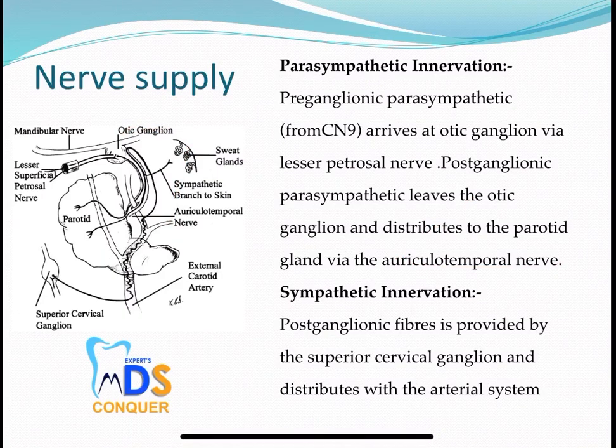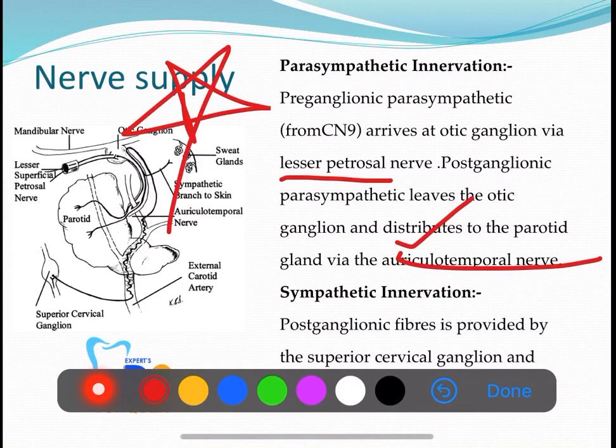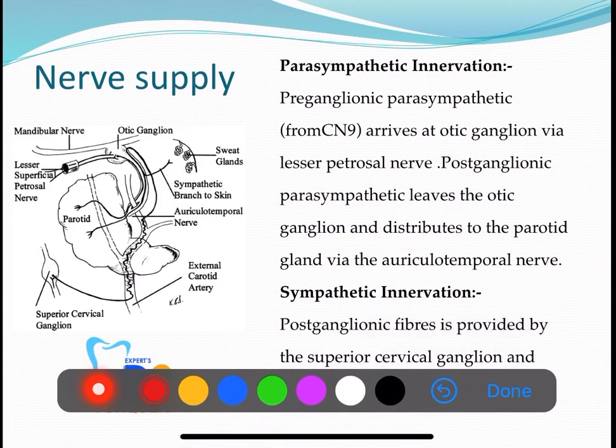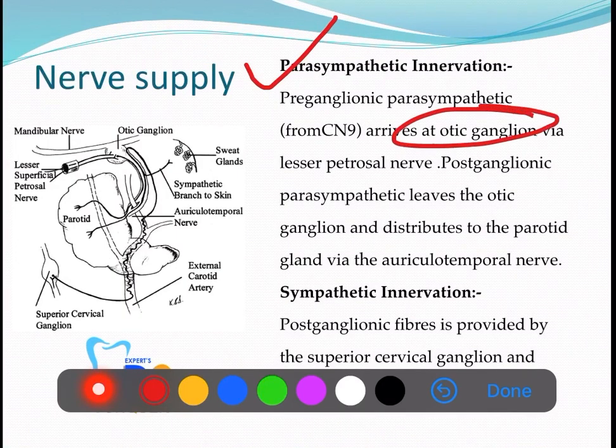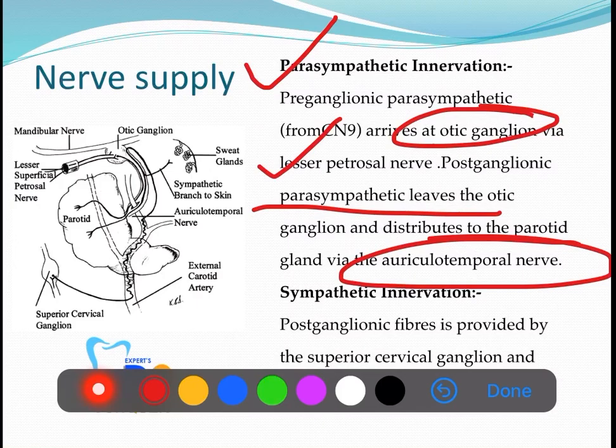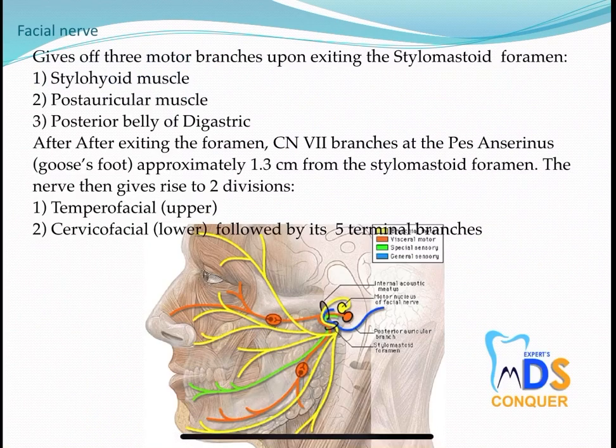And sympathetic is from the postganglionic fibers from the superior cervical ganglion, distributed along the arterial system. So mainly the parasympathetic innervation is very important. Again, they ask this individually as a very short answer, so do remember this. The otic ganglion, the lesser petrosal nerve, and the postganglionic fibers leave the ganglion and supply the gland via the auriculotemporal nerve. So you have to write this for sure.